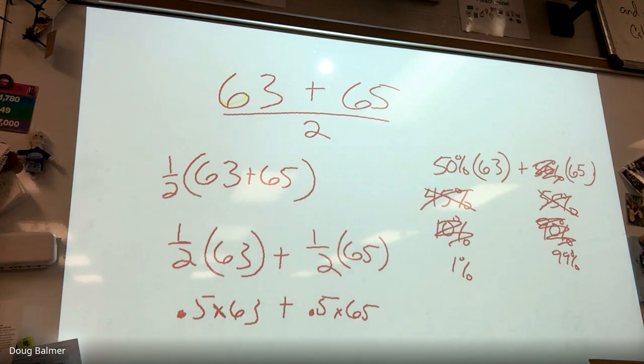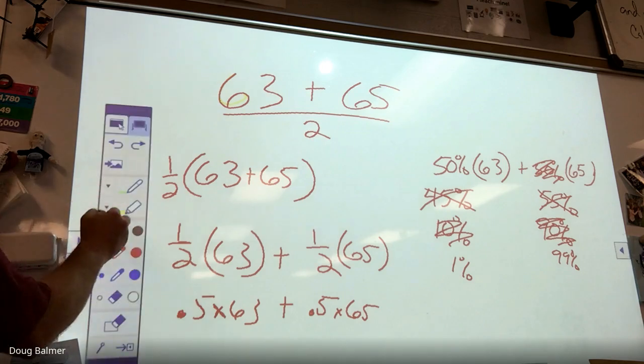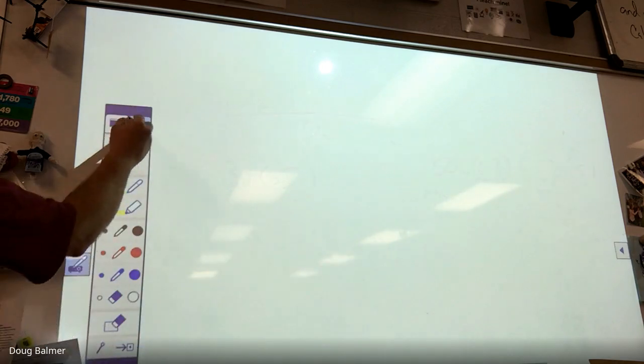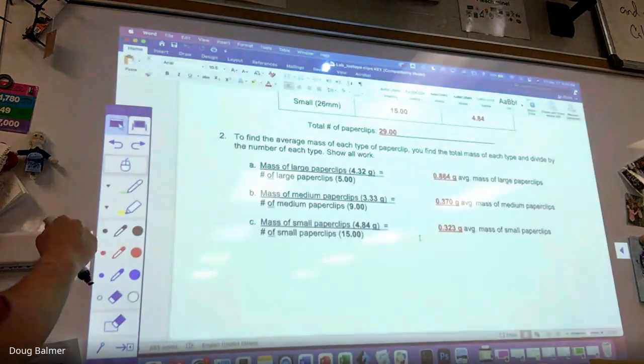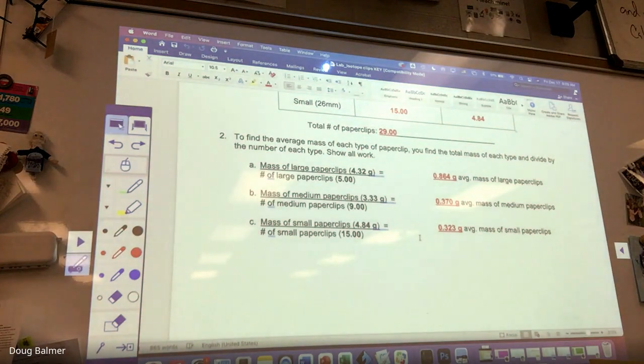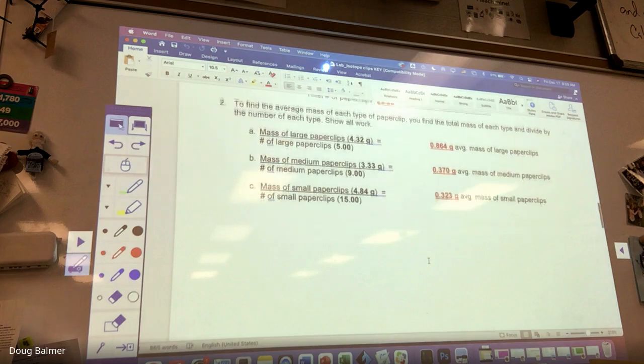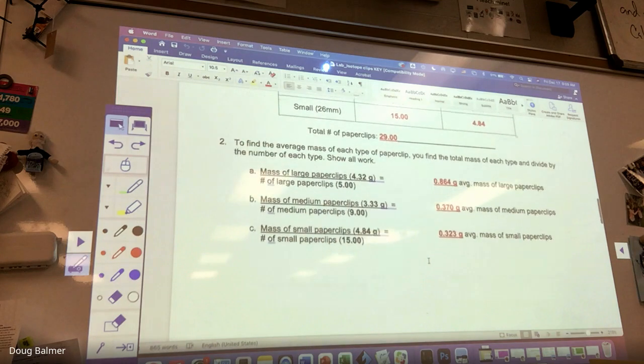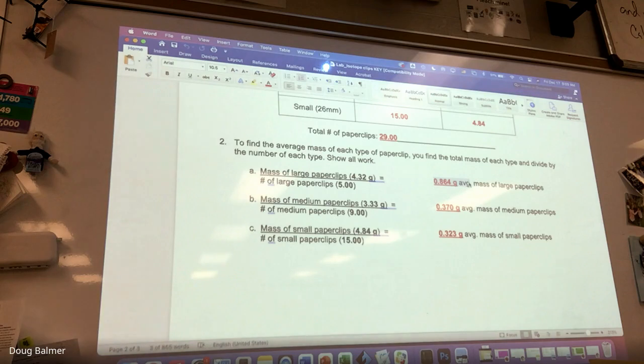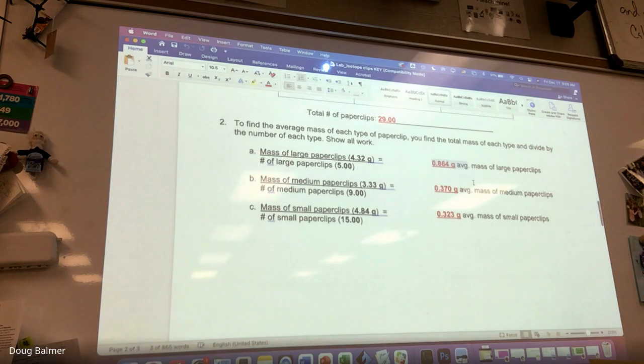All right, so if we take a look at our data up here, I just want to make sure we're good to go on the lab calculations. Everyone got 29 paper clips? Good to go. Everyone got a pretty heavy paper clip for the large one, about 0.8, maybe 0.9. For the medium size, about 0.4-ish.